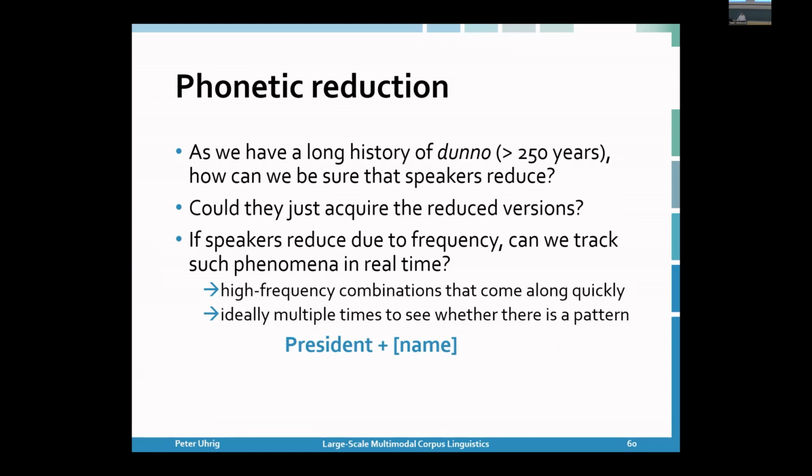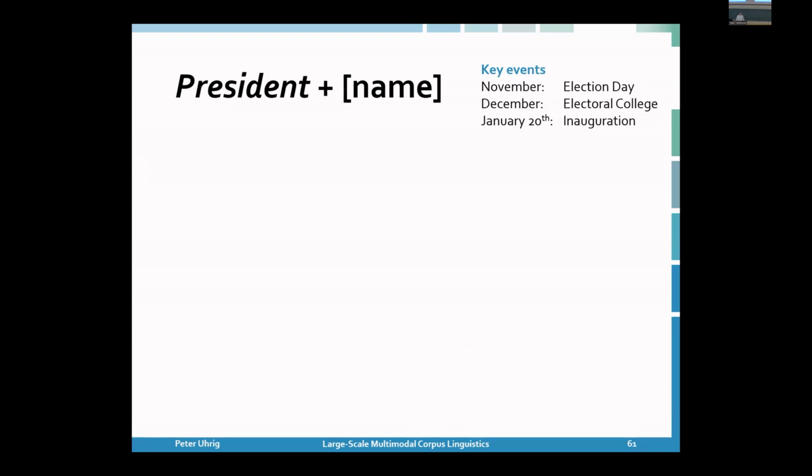Now in the large data set. Just to jog your memory, American presidential elections have some key events. Election day is in early November. Then the Electoral College meets in mid-December to cast their votes. These votes are tallied in early January, and then you get the inauguration on January 20th.